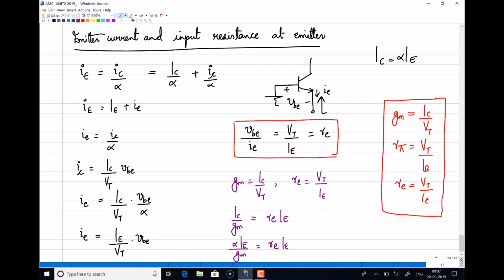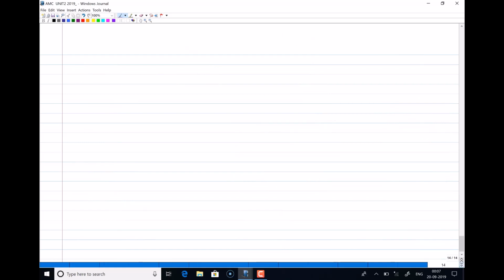If I cancel the IE, I can write alpha equals GM into RE, or RE equals alpha by GM. Now alpha is very close to 1, so I can approximate this as 1 by GM, which is a very useful relation. So RE equals alpha by GM, approximated as 1 by GM.